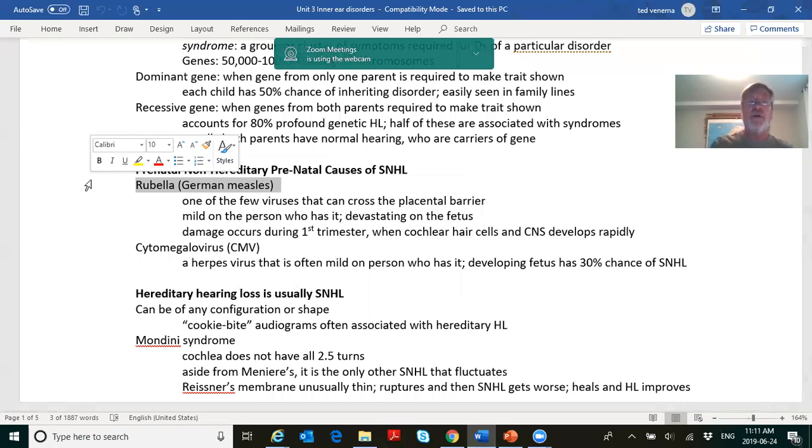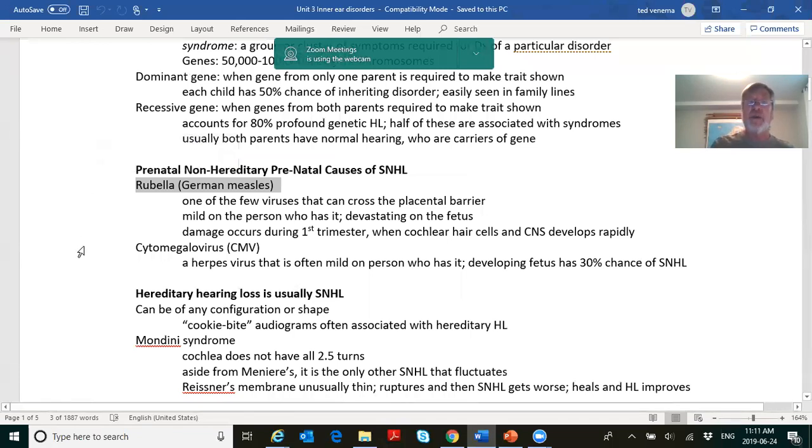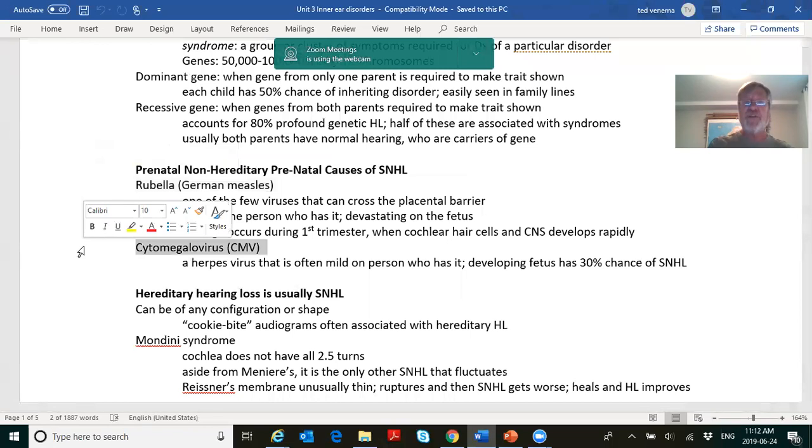Okay? Another non-hereditary but pre-birth cause of sensory neural hearing loss might be that mom had cytomegalovirus, a herpes virus that's often mild on the person who has it, but the developing fetus again has a 30% chance of being born with deafness or sensory neural hearing loss.